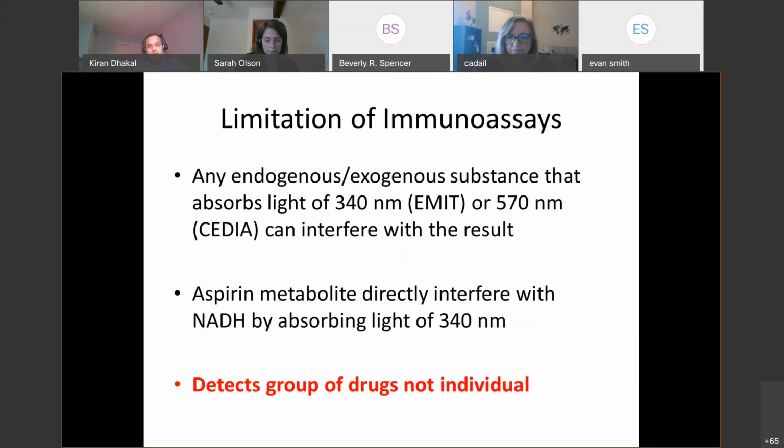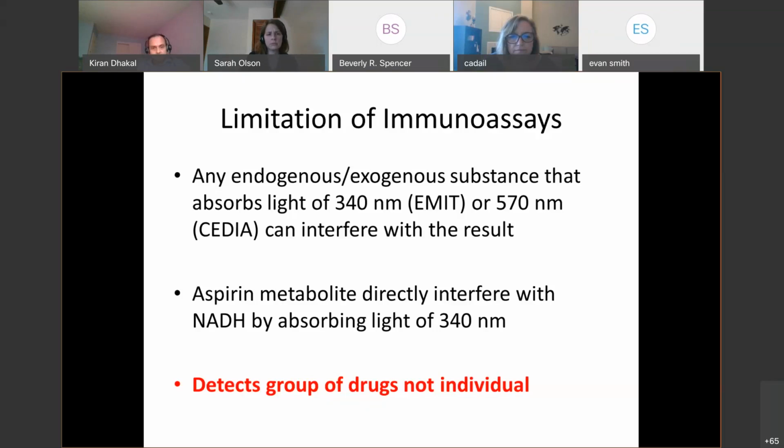So I'm going to summarize my immunoassay part. You've seen that basically these are photometric tests, and any substance, any chemical present in the urine that can absorb the light intensity at 340 nanometer or 570 nanometer can interfere with the immunoassay test.